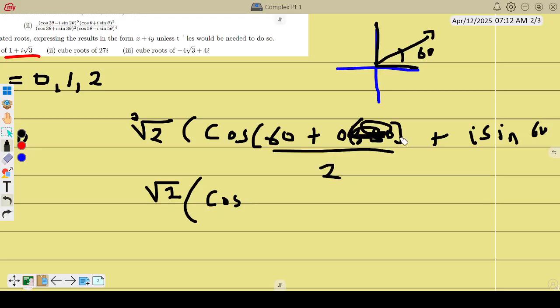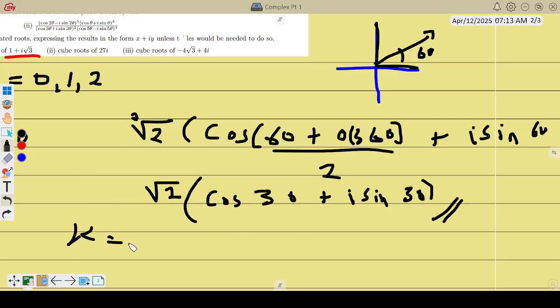So the whole lot of this is 0. So 60 divided by 2, 30. So plus i sine 30. So this is the first root. So this is the root when k is equal to 0.